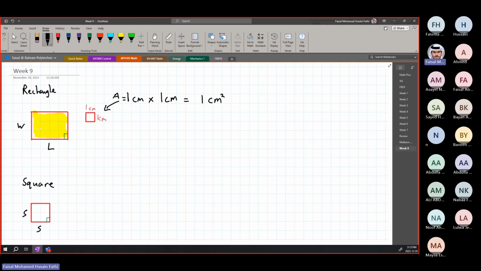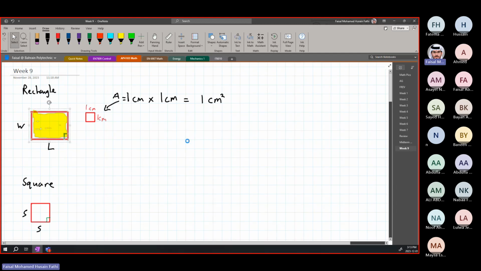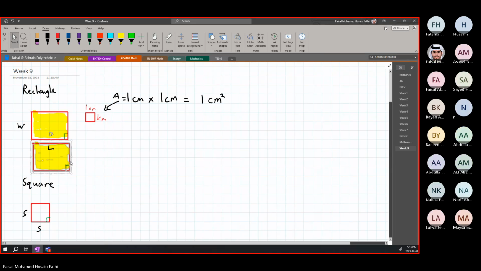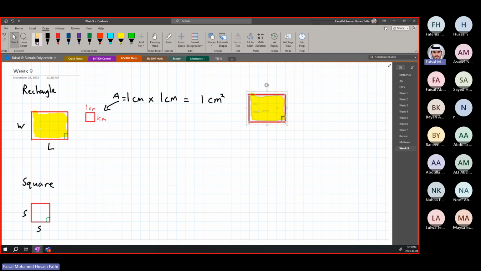If we look at a larger rectangle like the one over here, you can look inside and you can see it has multiple boxes inside. So the area is simply just counting the number of boxes inside.